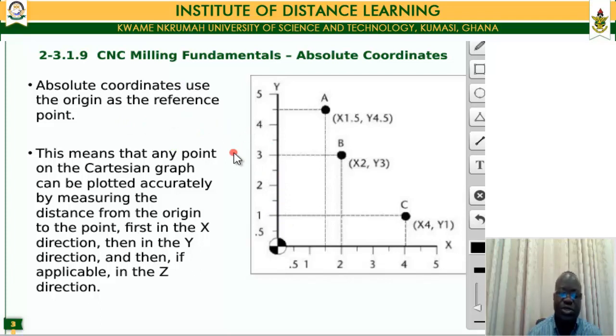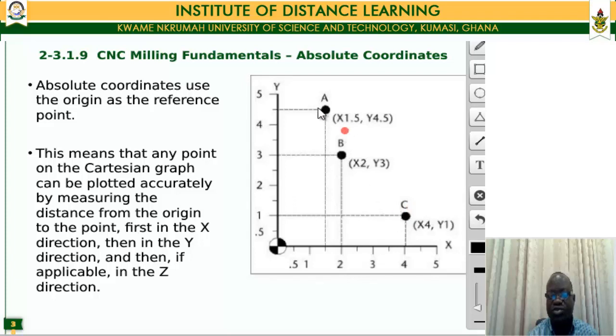So first, let's talk about the absolute coordinate designation. The absolute coordinate means that for any point on your Cartesian graph, you measure the distance from the origin to the point. So a typical absolute coordinate system is what we have here.